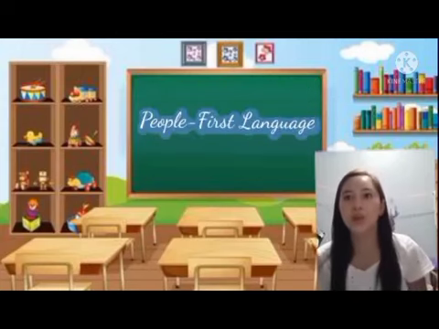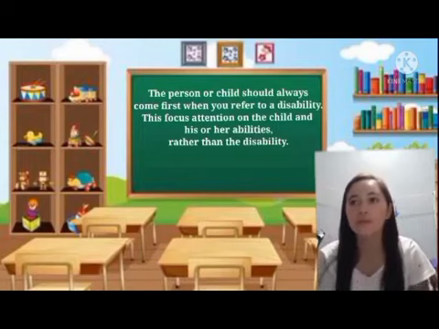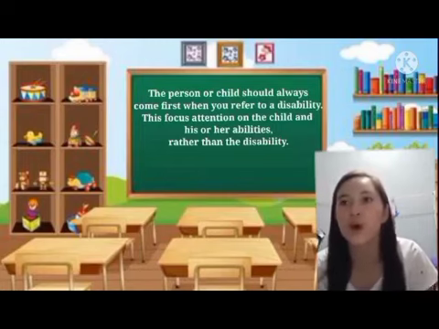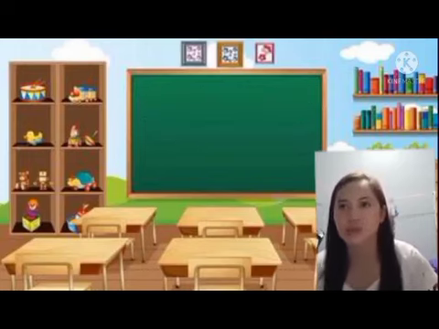People first language. The person or child should always come first when you refer to a disability. This focuses attention on the child and his or her abilities rather than the disabilities.